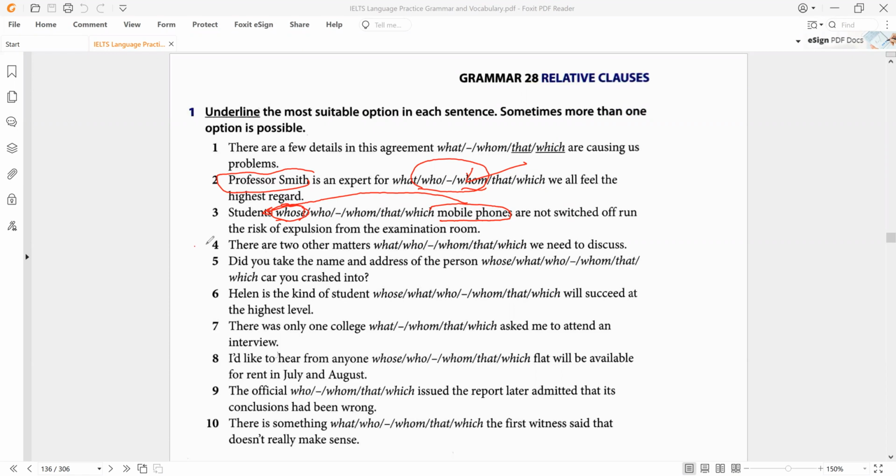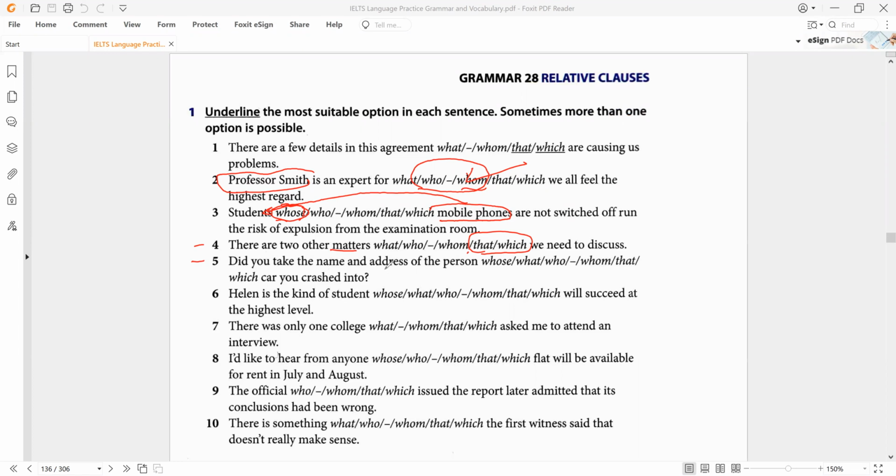Okay, 4. There are matters. Can say that. That or which. Yes, that or which. Come on, guys, it's not difficult. Yes, 5.